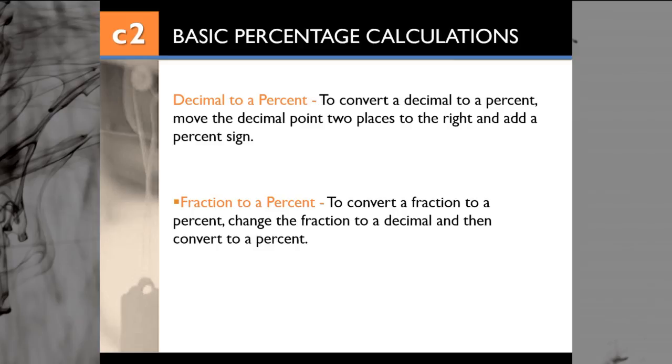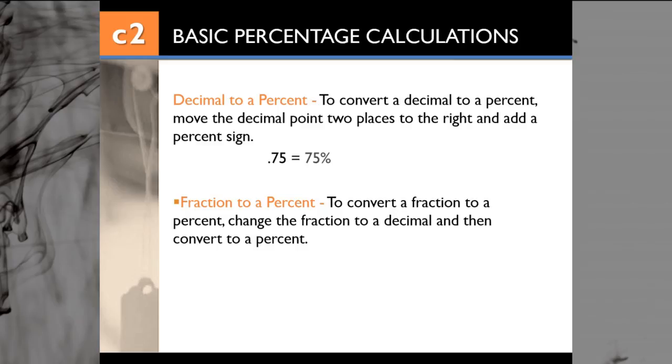To convert a decimal to a percent, move the decimal point 2 places to the right and add a percent sign. For example, what is the percentage of 0.75? You move the decimal point 2 places to the right, simply multiplying by 100.